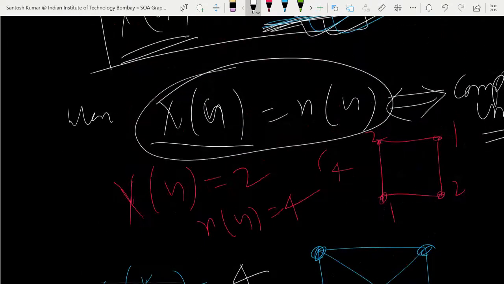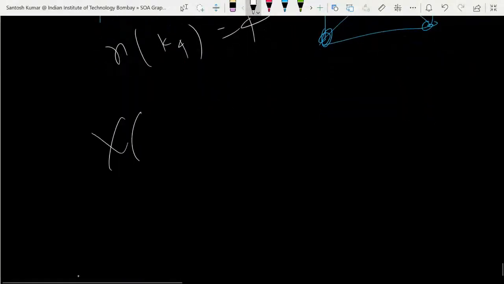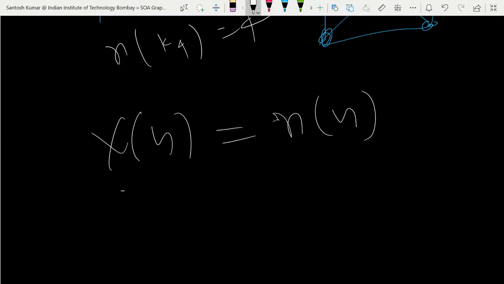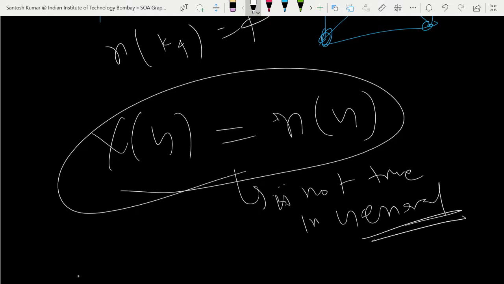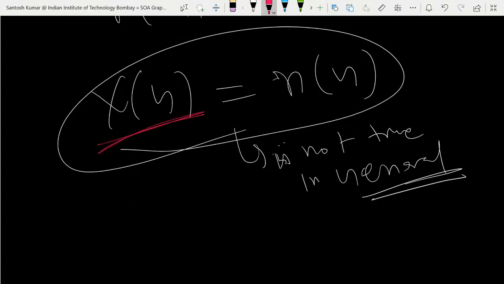This result will not hold always, because chromatic number of G will not be equal to number of vertices in general. It is true in particular for the complete graph only. In chromatic number, we are interested in finding a lower number of colors to label the vertices so that two adjacent vertices will have different colors.